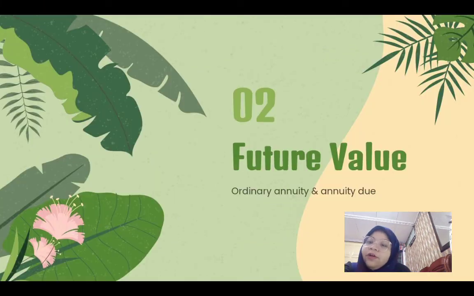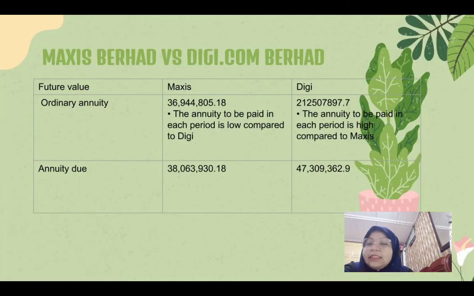Future value for ordinary annuity, Maxis gets a value of 36,944,805.18, while DiGi gets a value of 212,507,897.7. This indicates the DiGi value of the asset at the particular date is high.